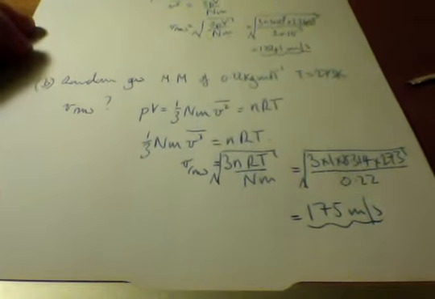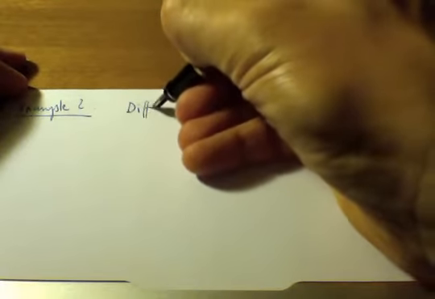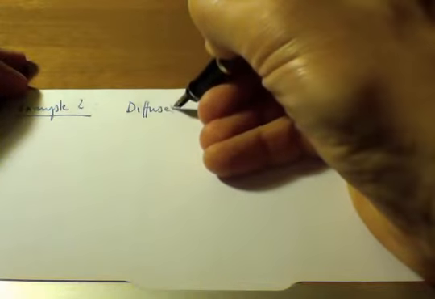Excellent. Time for one more example, I think, before we finish this off. Okay, I have bromine gas, and we're looking at how bromine gas diffuses.